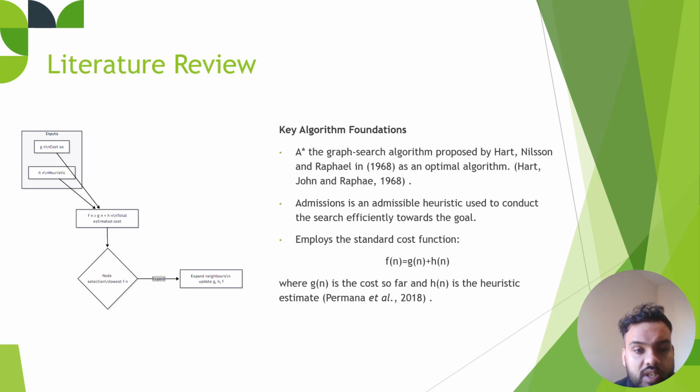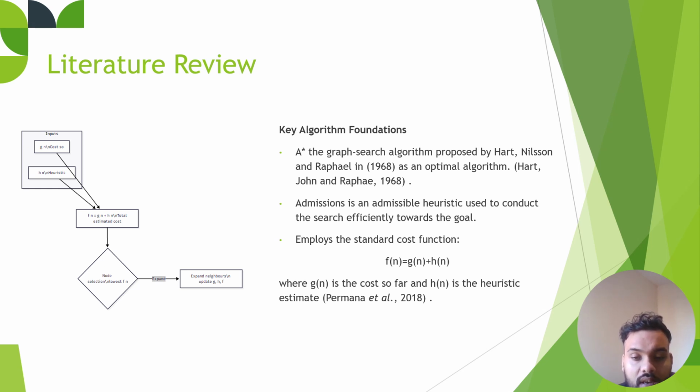Next, my fourth slide is the literature review, in which we look at what research tells us about pathfinding algorithms. The A* algorithm was introduced by Hart, Nilsson, and Raphael back in 1968 and has stood the test of time as an optimal graph search algorithm. The key to its success is the use of admissible heuristics, heuristics that never overestimate the cost to reach the goal.